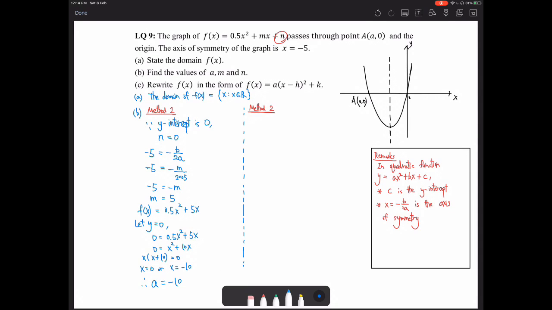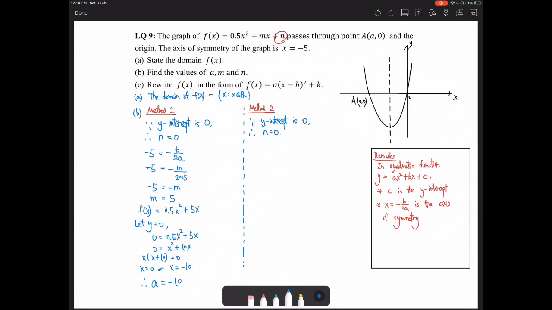Method 2. For n, still the same. Since the y-intercept is 0, therefore n equals 0. However, now we first find the value of a. How do we do that? Let's look at the graph. You can see this is a parabola, right?